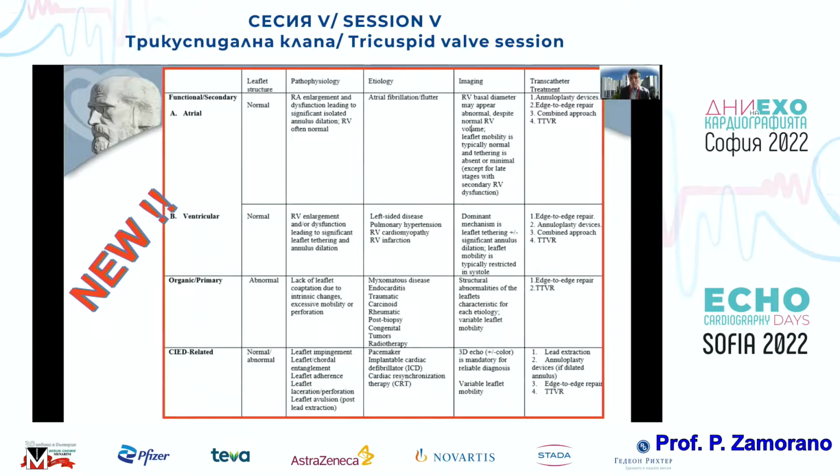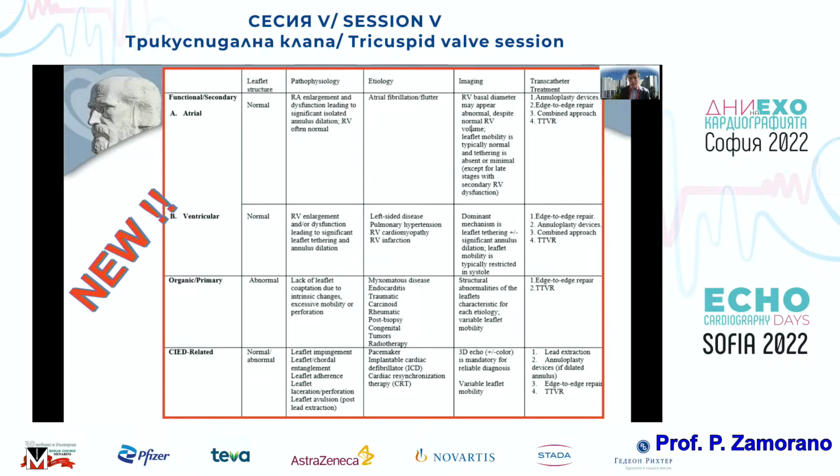This is why we have published this recent paper in EuroIntervention showing a new classification of the TR, because we can see an atrial functional tricuspid regurgitation. We can also see a ventricular functional tricuspid regurgitation, but as said, primary organic tricuspid valve disease that leads to a tricuspid regurgitation, and also lead-related tricuspid regurgitation.